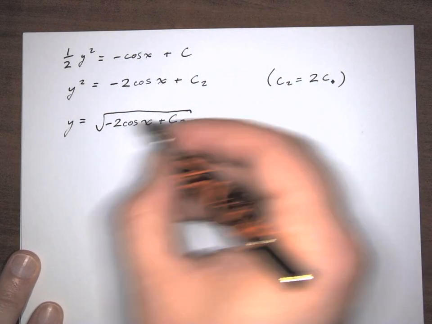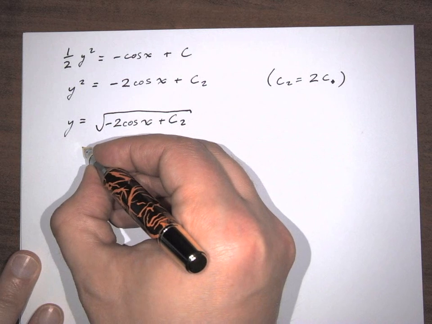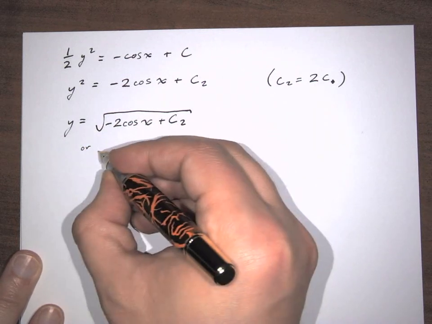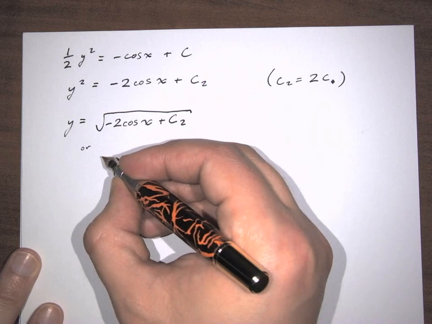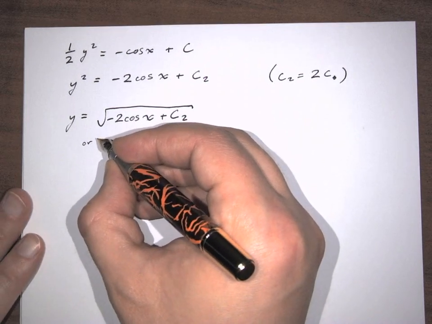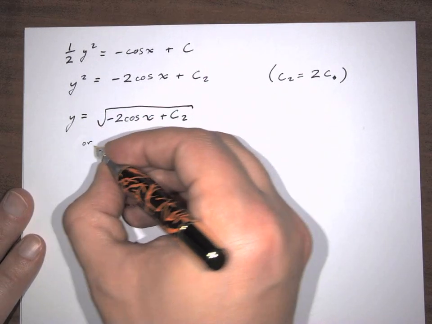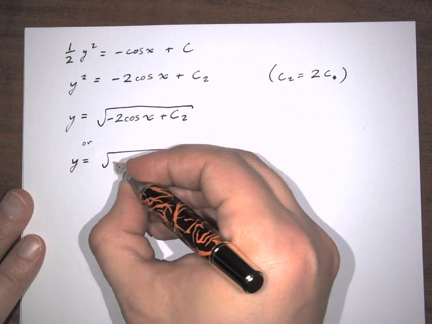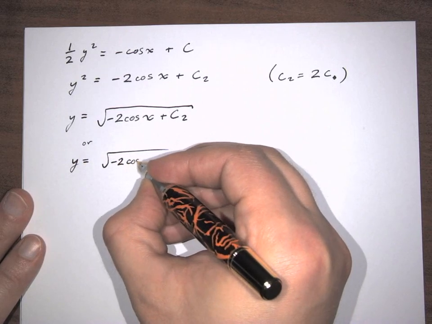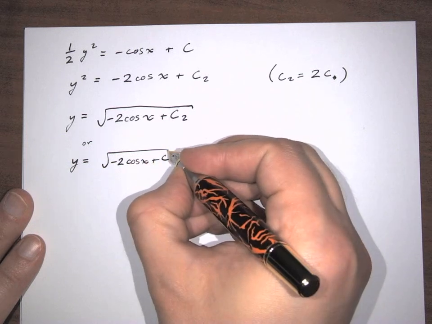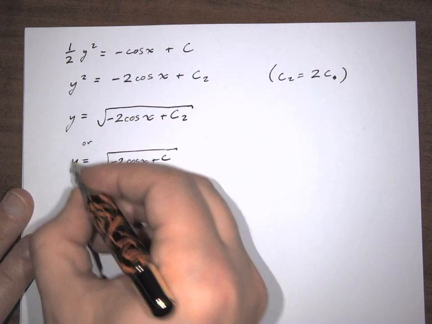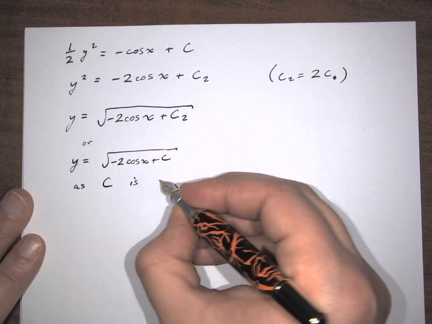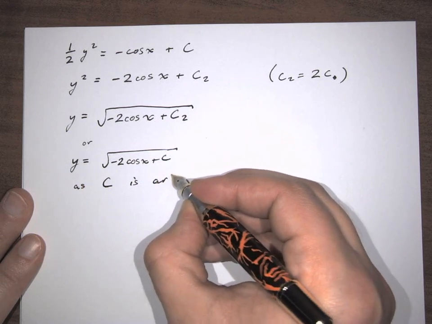So here you could write, if we want to write it in a slightly ambiguous way, which is not really a problem, y equals square root of negative 2 cosine x plus c, and this is because c is completely arbitrary.